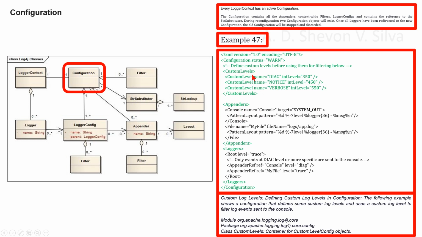Similar to defining log levels in code, the custom level must be defined first before it can be used. If a logger or appender is configured with an undefined level, that logger or appender will be invalid and will not pass any log events.